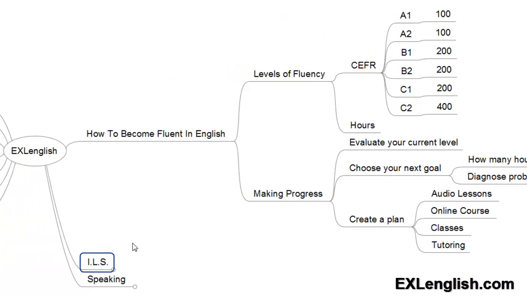One problem students have is that they develop one specific skill and they don't develop all their skills. So usually students can read well, but they have difficulty speaking, or they can understand what they hear, but they can't write. So it's important to have an integrated learning system where you develop all 8 skills. We'll talk more about that in the next video.